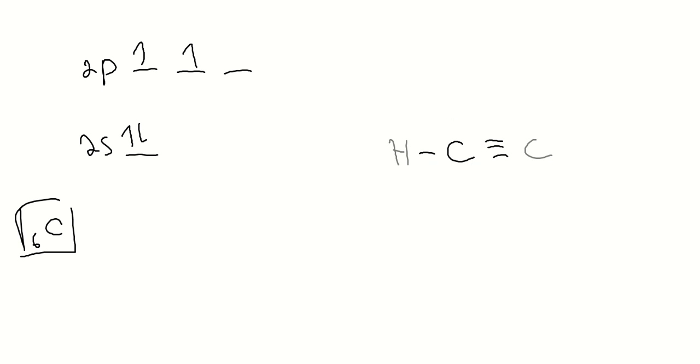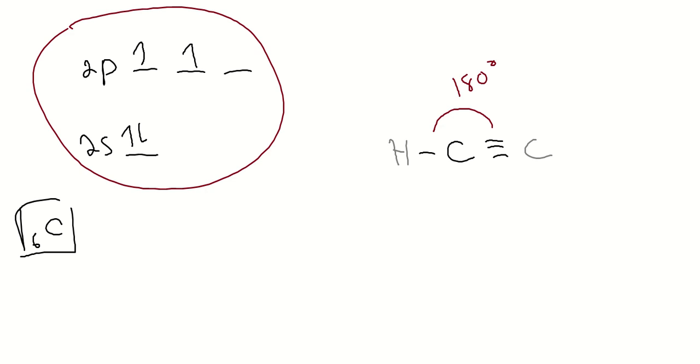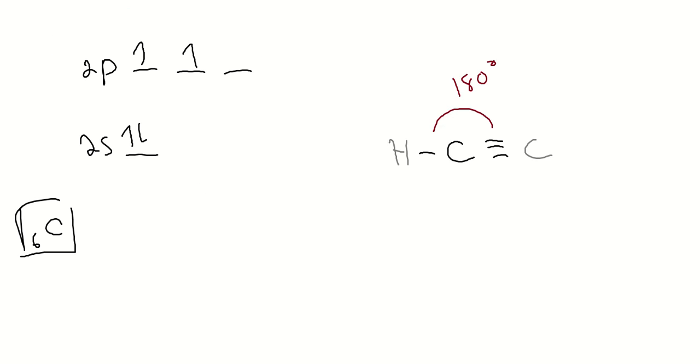In order to have two regions of electron density, you can't get that 180 degrees of separation using any combination of s's and p's, because s's are just spheres, just balls, and your p's are oriented along the z-axis, the x-axis, and the y-axis.